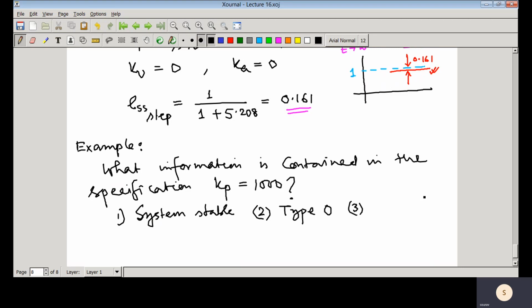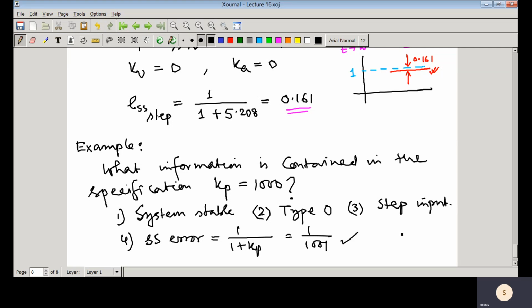And what is the test signal? The test signal is the step input, because Kp is associated with the step signal. And then what is the steady state error? Steady state error equals 1 by 1 plus Kp, that means 1 by 1001.